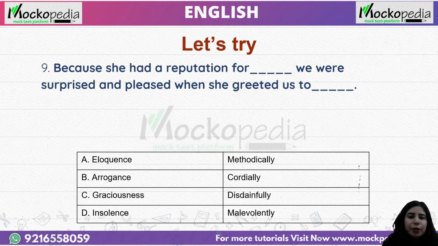Because she had a reputation for dash, we were surprised and pleased when she greeted us dash. So see, surprised and pleased. Again, this is where two opposite words will fit in. She had a reputation for dash. We were surprised and pleased.